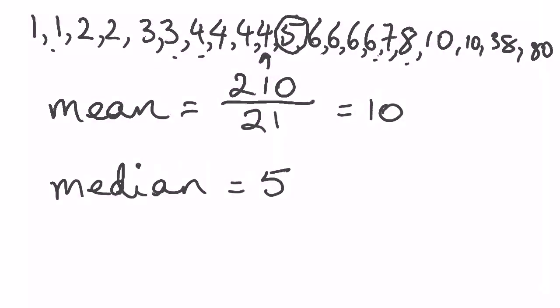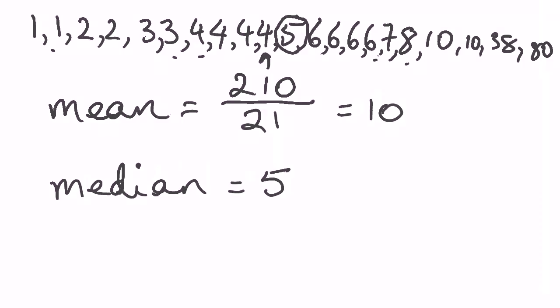I want you to pause for a minute and think about which of these two numbers gives a better representation of a typical number of days to be sick? Okay, you've had a think. I hope that you said it's the median, because clearly when we look at the numbers, there are only 2 above 10 and they're right on the right-hand side.